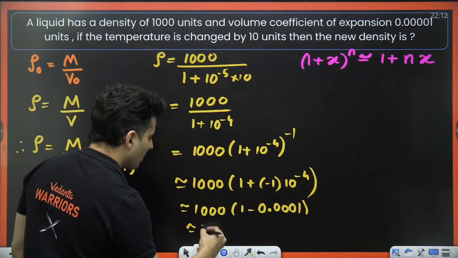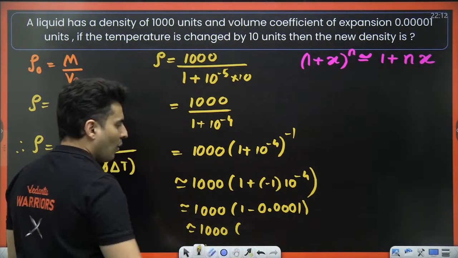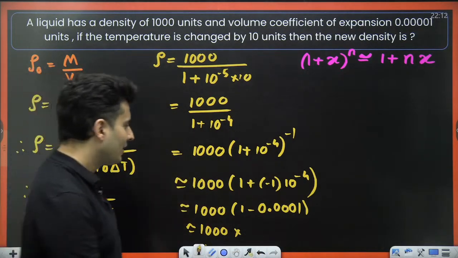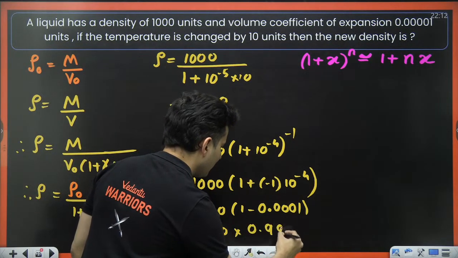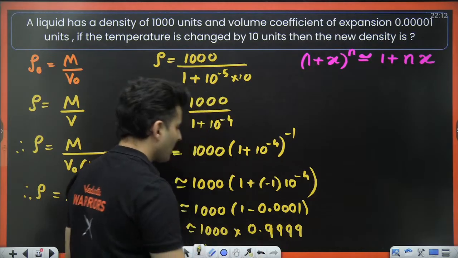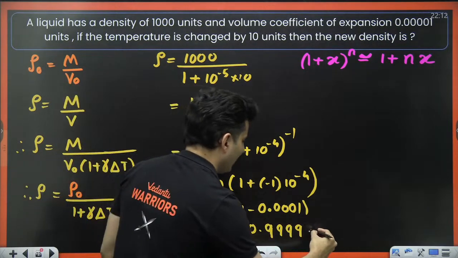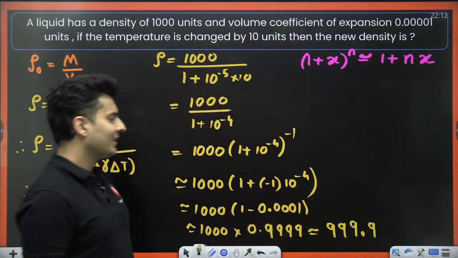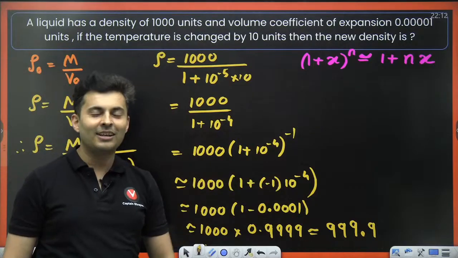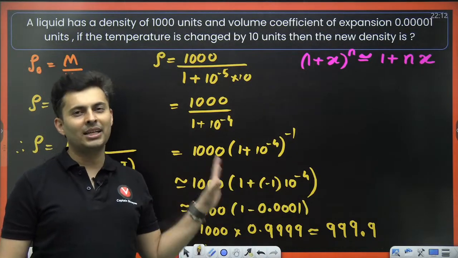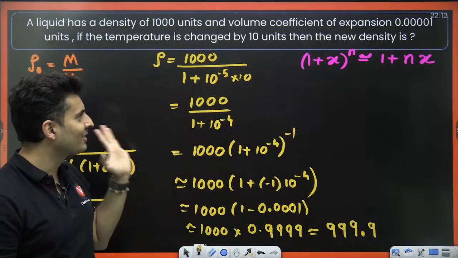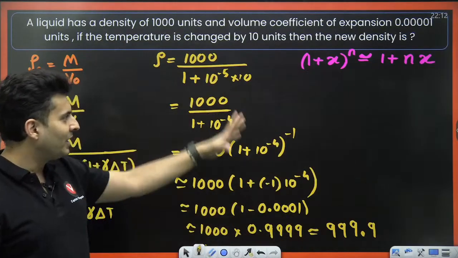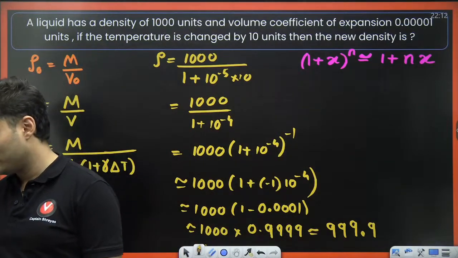So what will this be? 1000 times 1 minus 0.0001, which is 0.9999. Multiplied by 1000, you will get 999.9. This is the answer. So it's slightly less than 1000 and the answer is 999.9 in this scenario because everything was in tens. If the values were different, then obviously it might be 998, 996, 997, but nice values were there, so we got a nice number also.